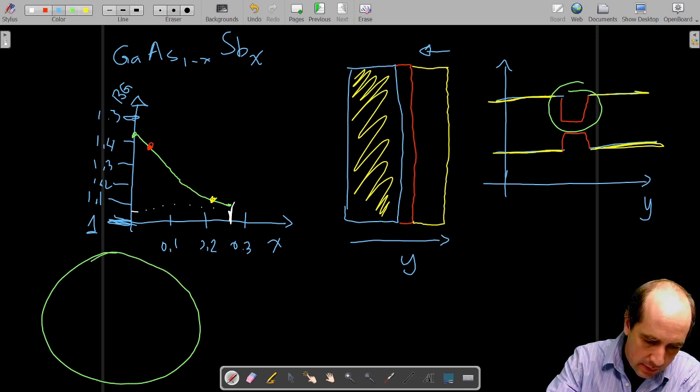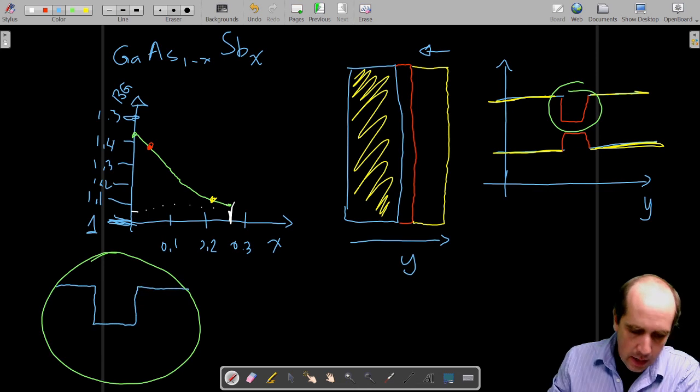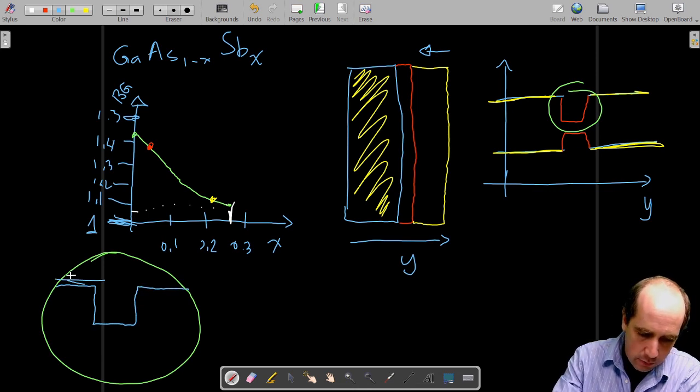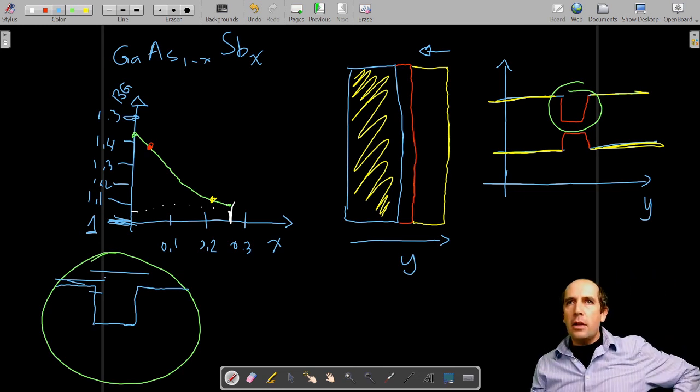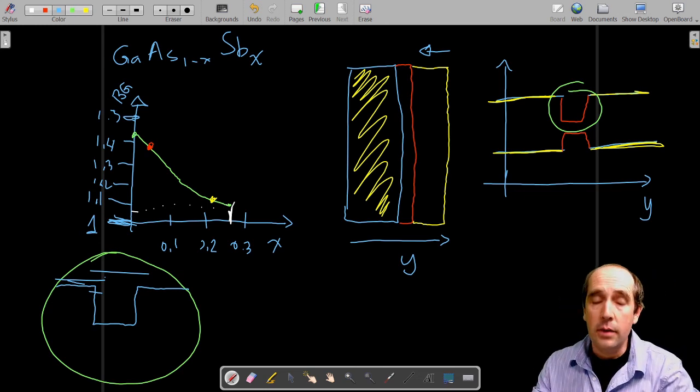We have a series of states. These are states that are available, in principle. And what we have there is something that looks a lot like the square well.